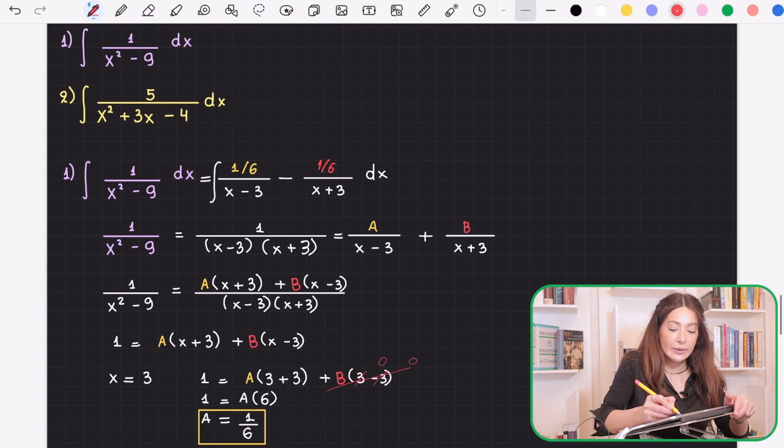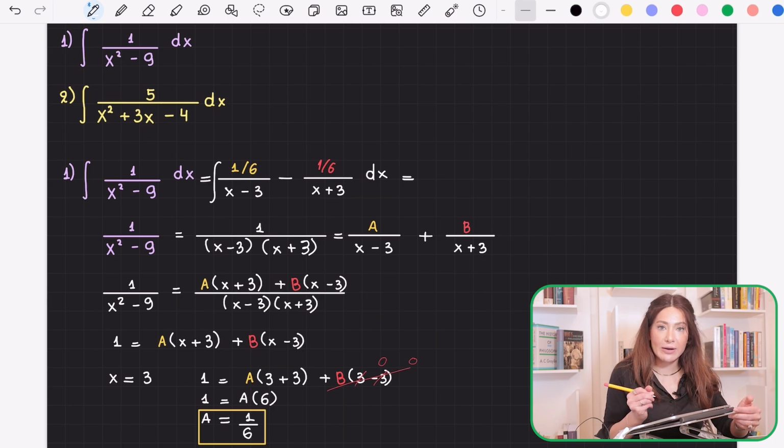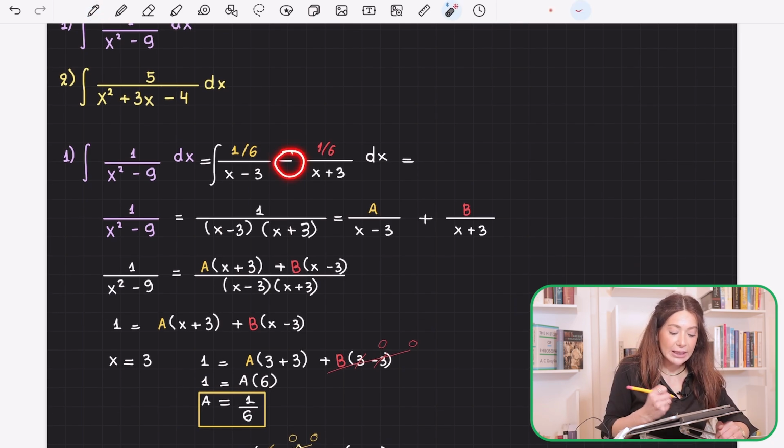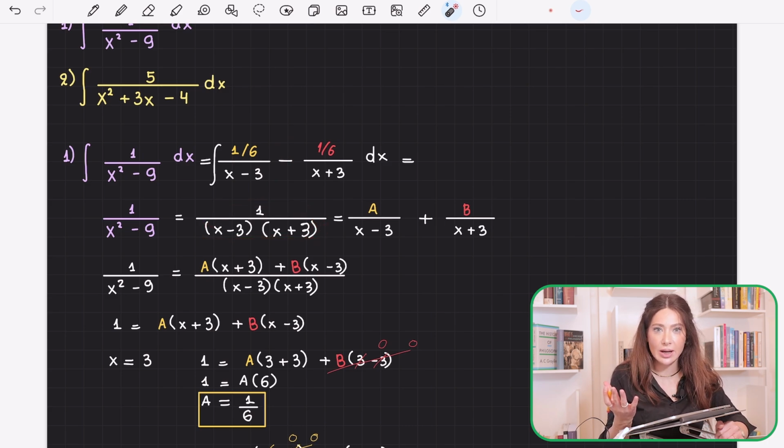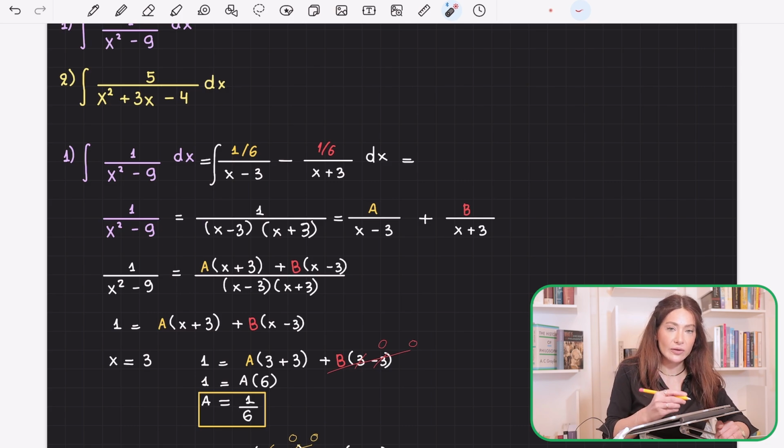The reason why this trick, partial fraction decomposition, is so powerful is because instead of having a product of two fractions in the integral, which is not helpful at all, I have a sum of terms. I can take this integral separately, then I can take this integral, and that's it. That's all I need to do.